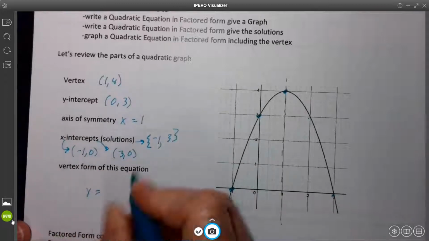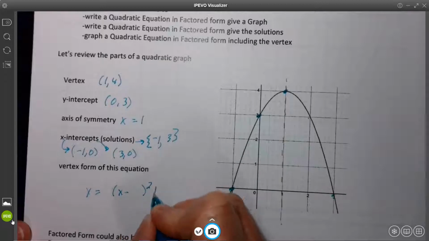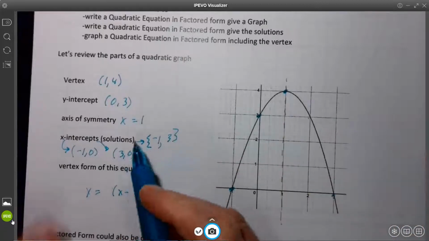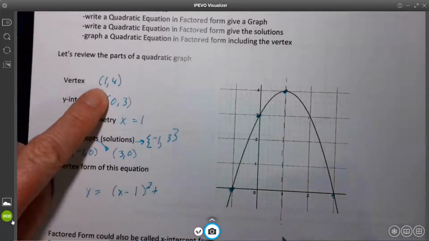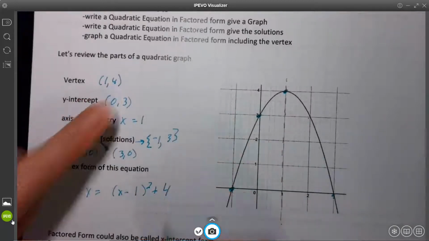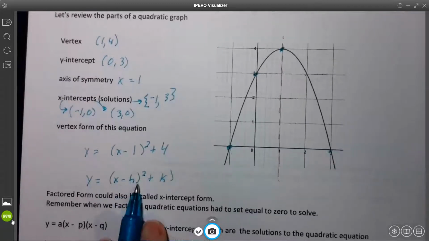So vertex form, remember, is x minus the x-coordinate, quantity squared, plus the y-coordinate. My vertex is (1, 4), so x minus 1 quantity squared, plus 4. So using my vertex, I can plug it in. Remember vertex form, y is equal to (x minus h) quantity squared plus k. And h, you always have to plug in so that it is a minus sign.